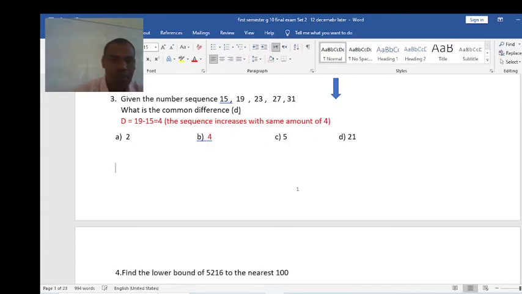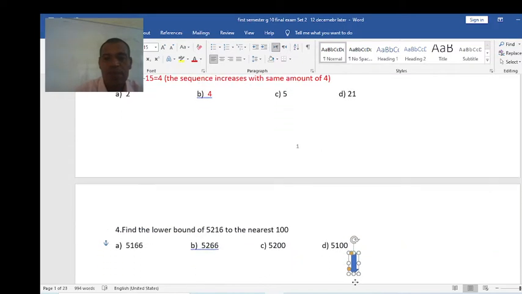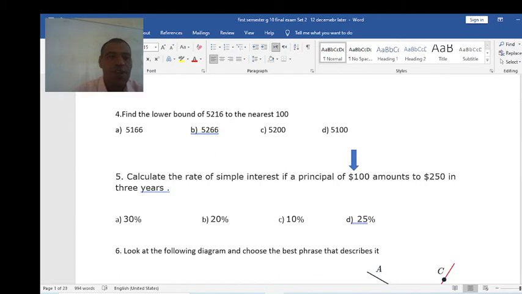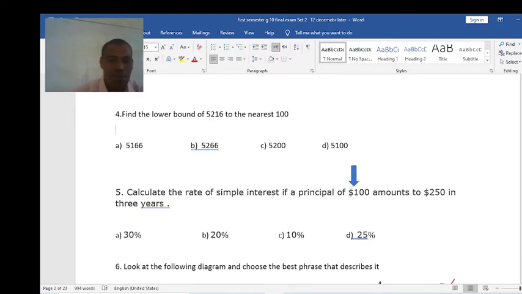For the second question, we have, my learners, find the lower bound of 5216 to the nearest 100. Here, as you are going to find the lower or the upper bound of a number to the nearest 100, you should first of all divide 100 by 2, which gives us 50.